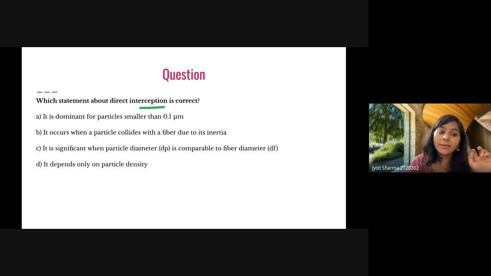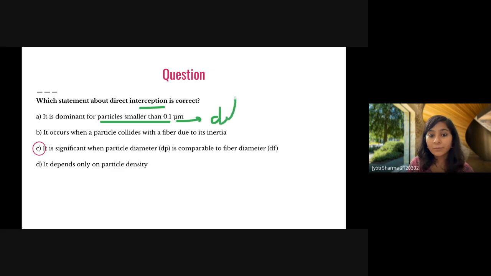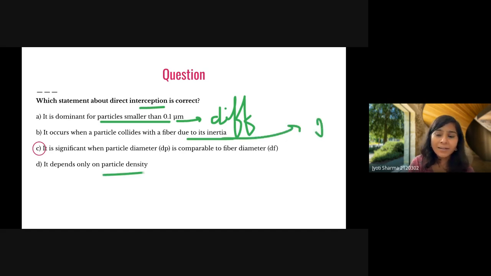Yes, I also agree with C, because if a particle is smaller than 0.1 micrometer, then we will talk about diffusion. If it occurs due to inertia, then we will call it inertial impaction. And nothing depends on particle density, it is the particle size. So the right answer will only be C.